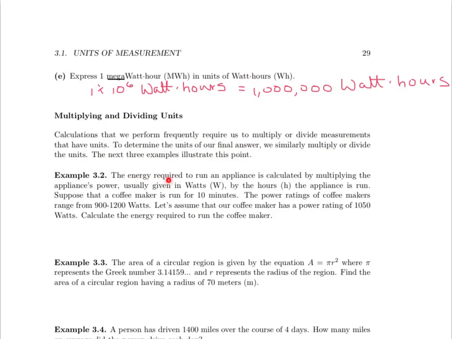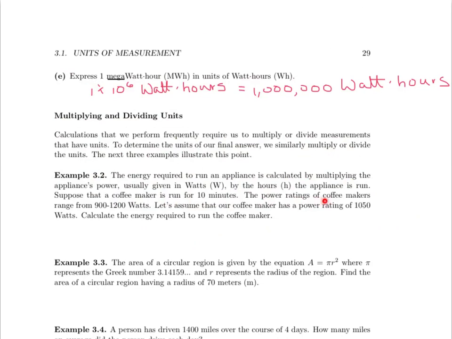The energy required to run an appliance is calculated by multiplying the appliance's power, which is usually given in units of watts. We multiply the power by the hours that the appliance is run. Suppose that a coffee maker is run for 10 minutes.